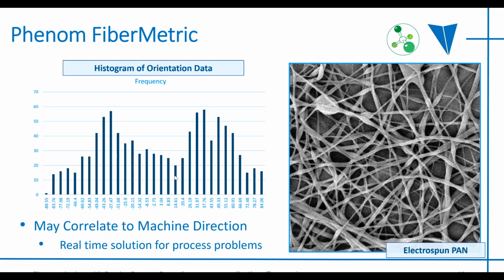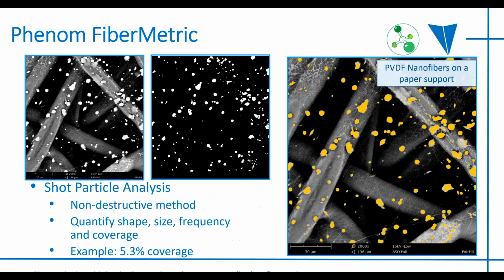And so you can use data like this to solve process problems or R&D problems as you're producing these fibers. You can go back and tune either the drum, the feed rate on the drum, or the distance between the emitter and the collector, in order to better optimize these orientations.